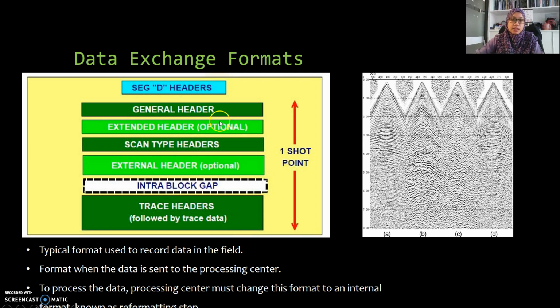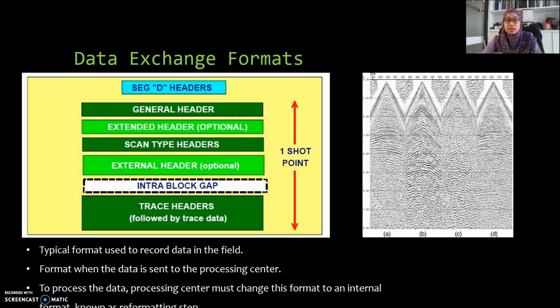These SEG-D headers typically record the field data straight away from your acquisition. This is the format when the data is sent to the processing companies such as CGG, Western Geco, PGS, and so on. To process the data, the processing company will have to change this data set from SEG-D format to their internal format.